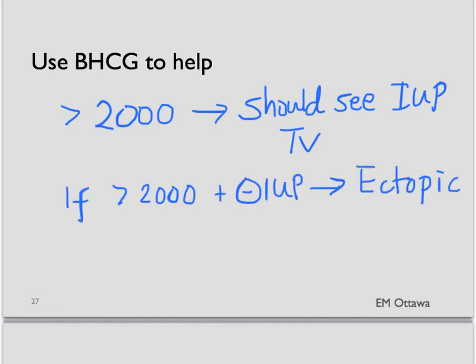So if the beta HCG in this patient is more than 2,000 and you have not been able to see an intrauterine pregnancy on transvaginal ultrasound, we have to assume that the pregnancy is somewhere else, and therefore we're worried about ectopic. Often what we do is we have the ultrasonographer sweep the adnexa to see if they see something suggestive of an ectopic pregnancy, so masses in the adnexa.